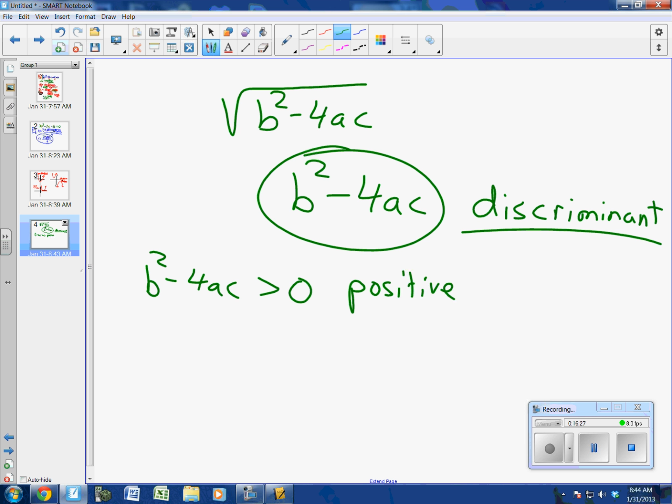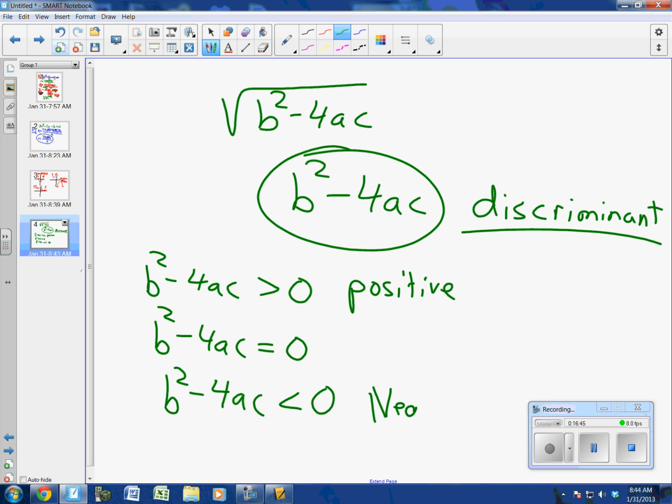You can get a positive b squared minus 4ac, or you can get b squared minus 4ac equal to 0, or you can have b squared minus 4ac be less than 0, which means it's a negative number.